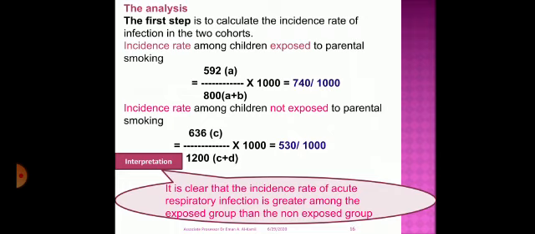So in the analysis, the first step is to measure the incidence rate. For the first group, it is equal to the number of children who develop respiratory infection among those exposed to smoking of the parents.